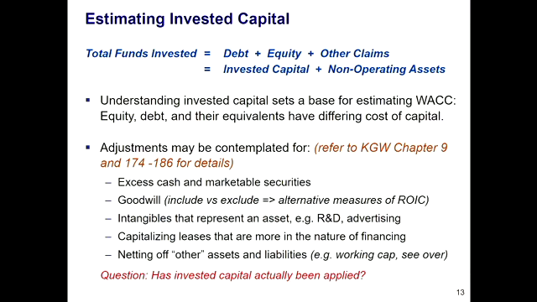The invested capital can be calculated or understood from different perspectives. One perspective is from the capital providers. That's the first line of the equation, total funds invested for the company. Debt holders provide funds in the form of corporate bonds and bank loans, and shareholders provide funds in the form of equity. For Australian shareholders, it's quite simple: we only have ordinary shares.